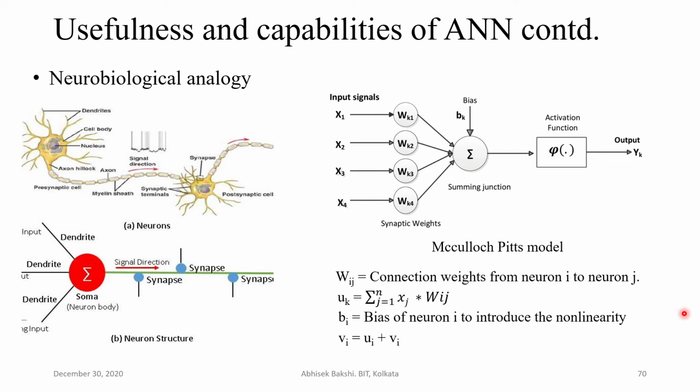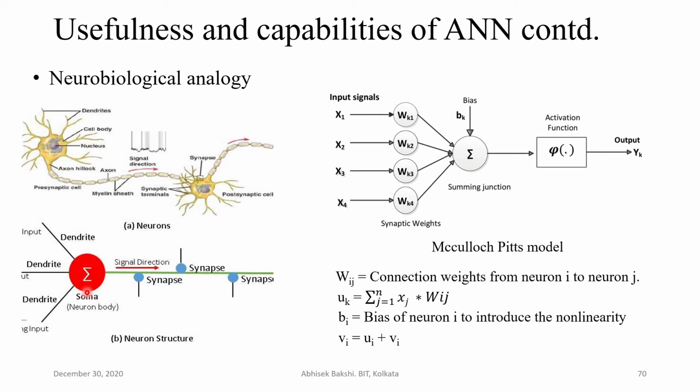In the diagram, it actually shows two neurons and how they are connected with each other. If you draw a corresponding diagram for this actual neuron, it looks something like what you can see in image B, in the bottom left corner. We have some inputs which are the dendrites, and the cell body that we call soma is given in this red circle.